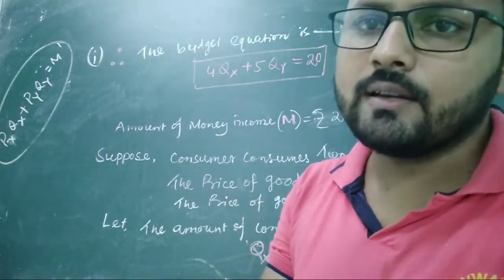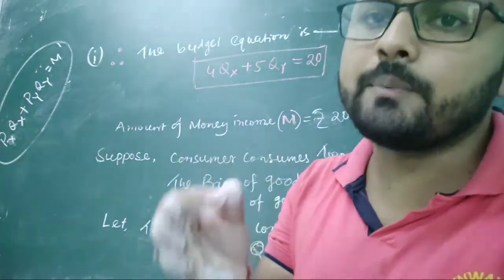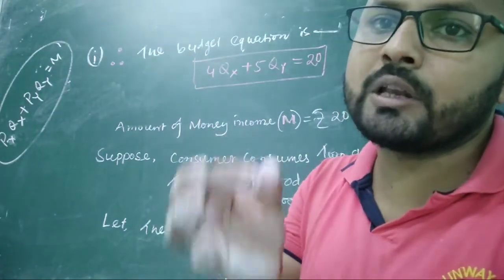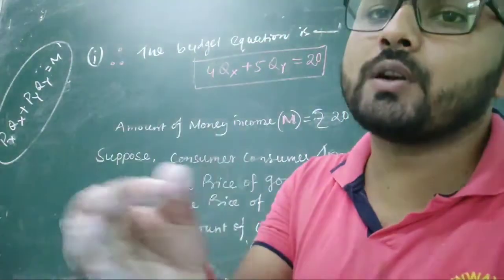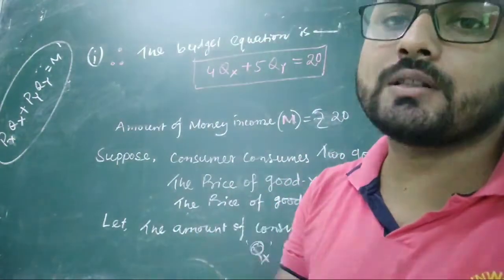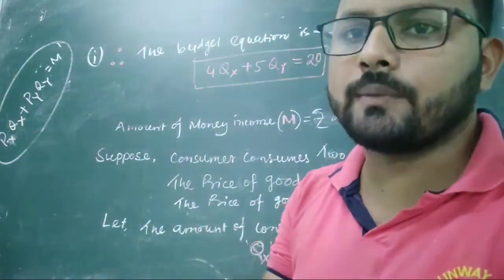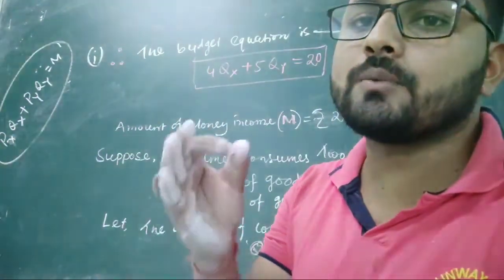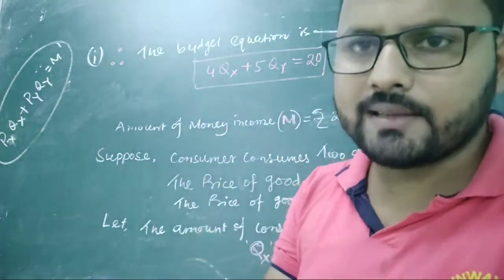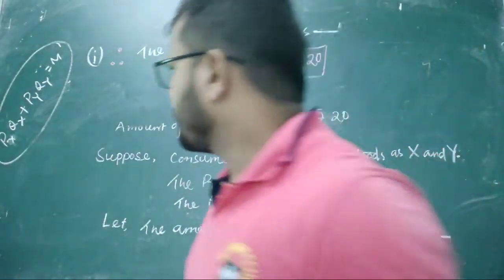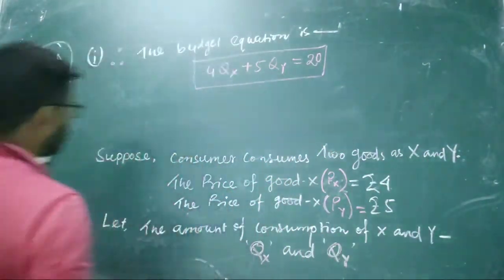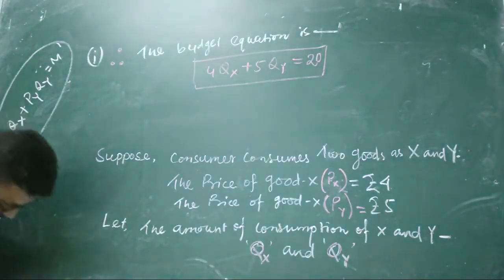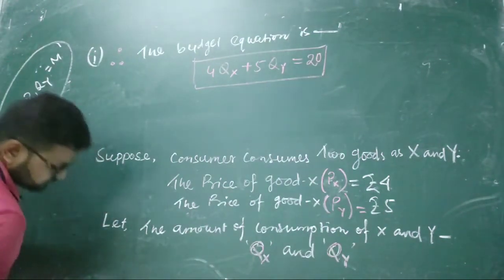It means the entire income of 20 rupees is spent only on good X, not on good Y. So the consumption of good Y you have to assume as equal to 0. Clear? So next, question number 2.